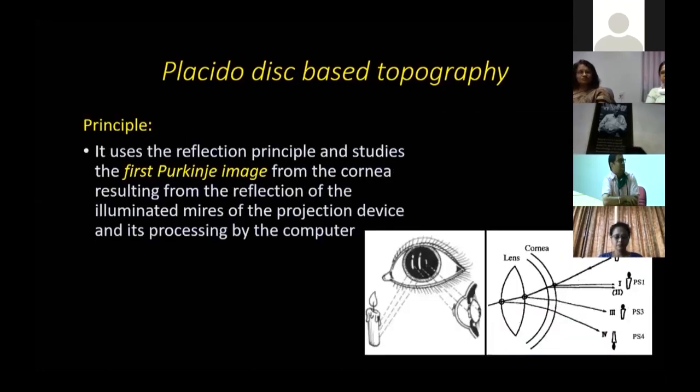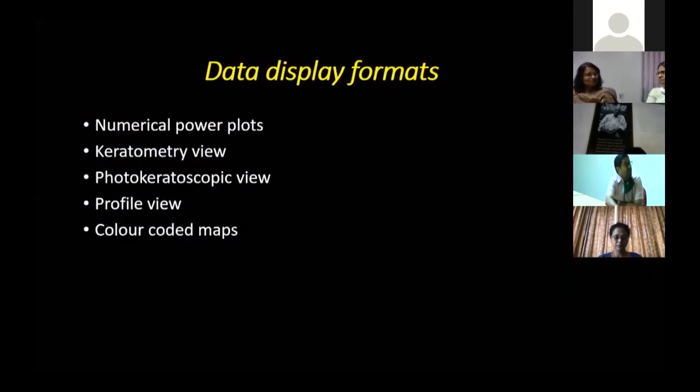The principle is that it uses the reflection principle and studies the first Purkinje image from the cornea, resulting from the reflection of the illuminated rings, from the projection device to the processing computer nearby. So various data obtained from the computers can be listed like numeric power plots or keratometric view, photokeratoscopic view, profile view, and colored maps. These are the numerous data which are collected as soon as these reflections are reflected from the tear film.